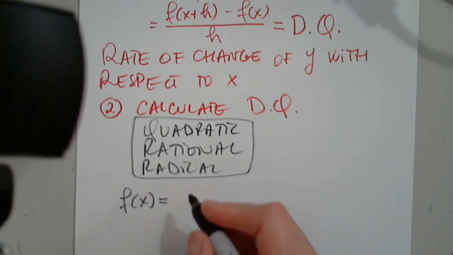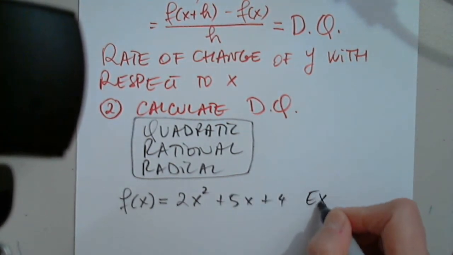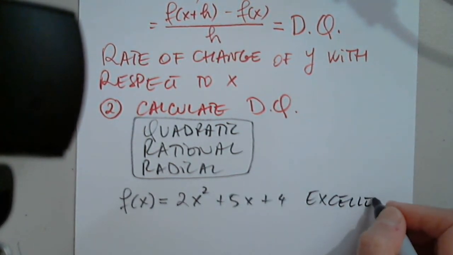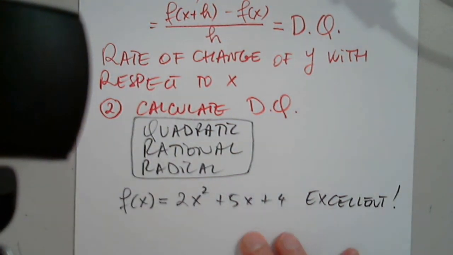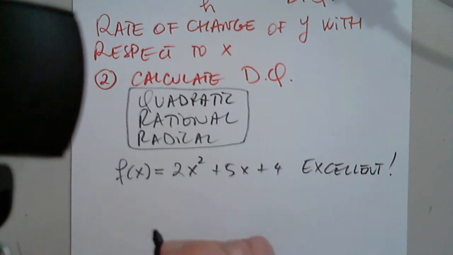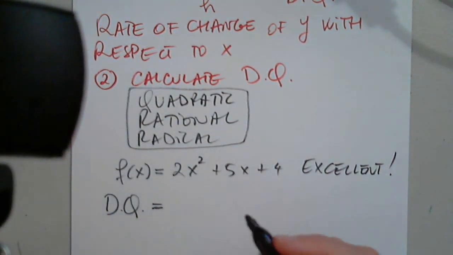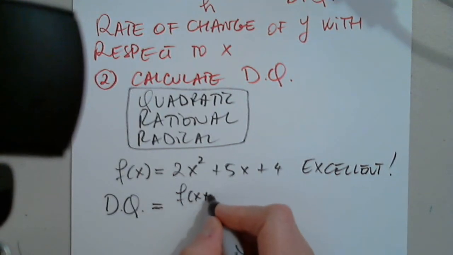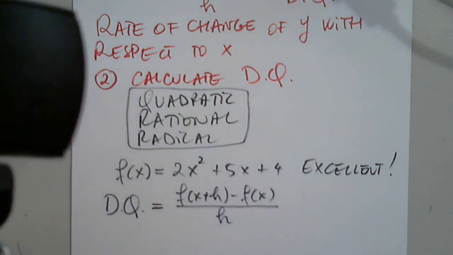What about 2x squared plus 5x plus 4? Excellent. Who was that? Caitlin. Very good. Great job. Okay. So remember the difference quotient. You have to memorize it moving forward. It's f of x plus h minus f of x divided by h.